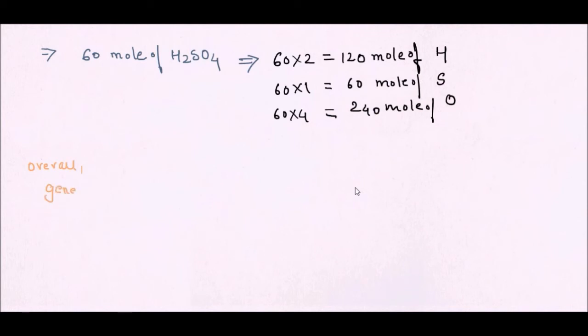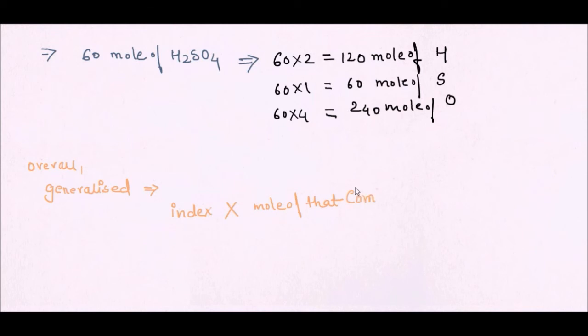After discussing these three cases, I can generalize my statement. After all this observation, I can generalize. See, this number of atoms, that is atomicity, I can say index. So index into moles of molecule.